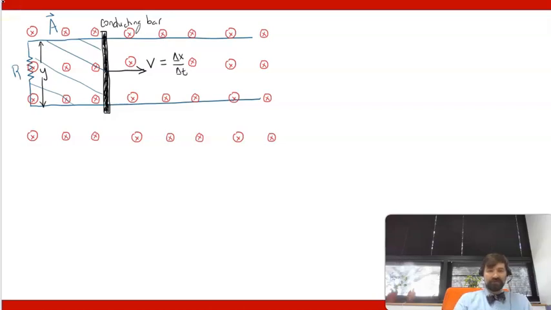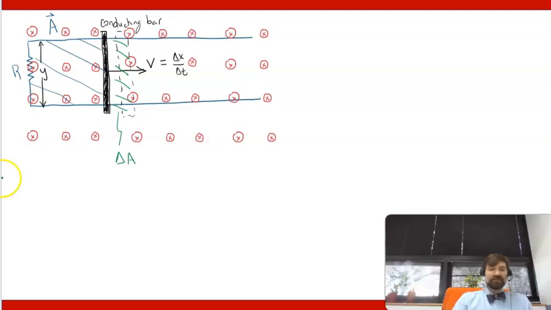So if the bar has moved from, say, this location to this location right here, then I have an increase in the area by essentially a delta A. And so this green shaded part would be like delta A.